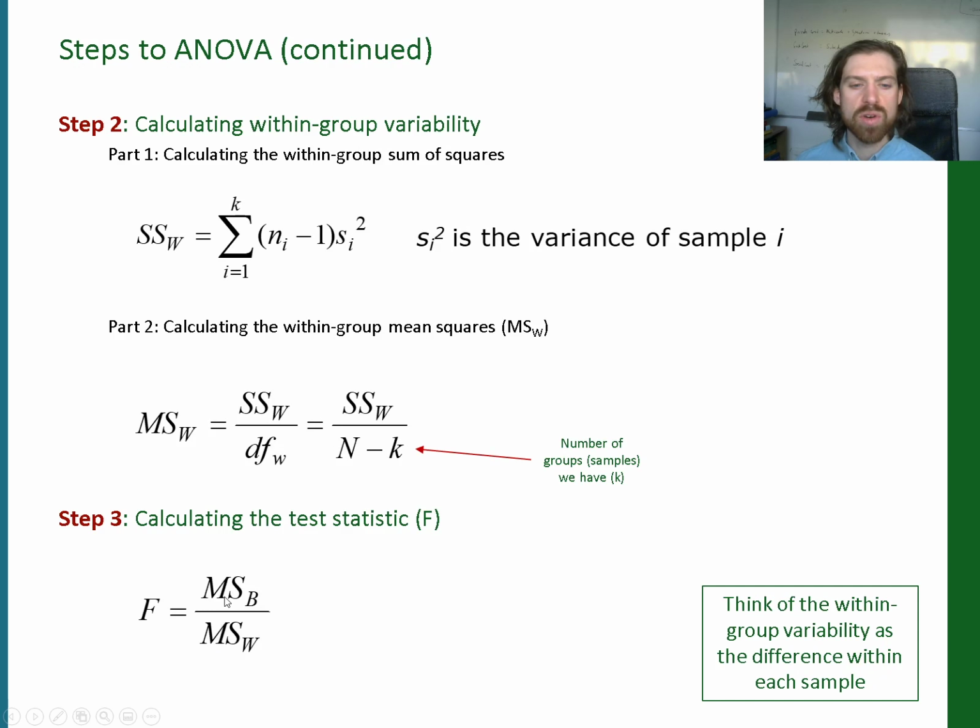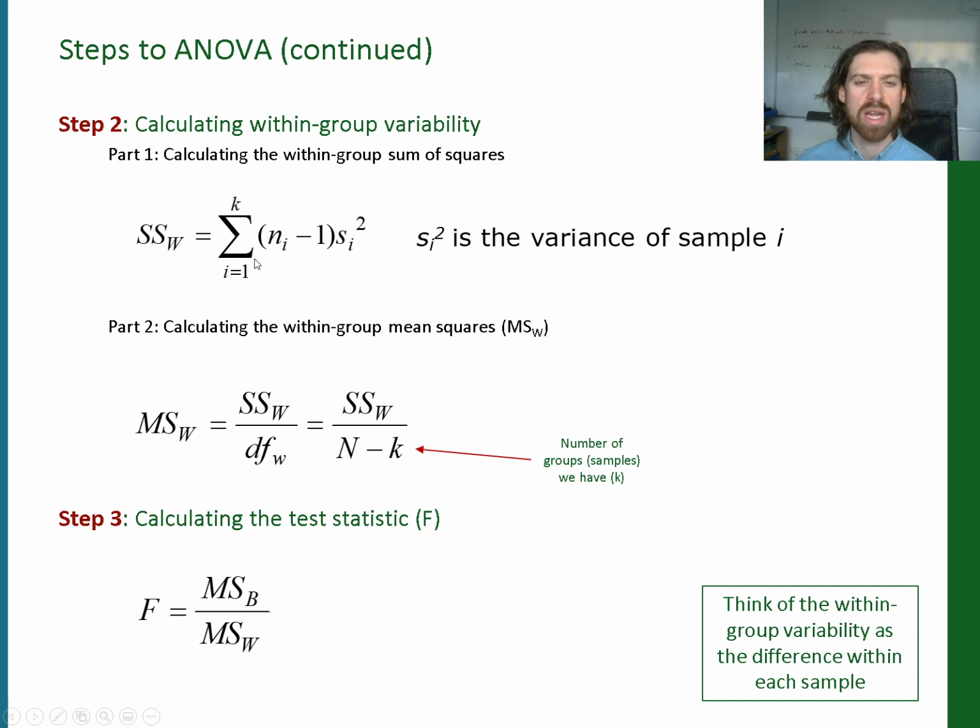Now let's move on to step 2, where we are calculating the within group variability. We're first interested in calculating the within group sum of squares, SSW. Essentially we do that by using the variance of each of the samples.